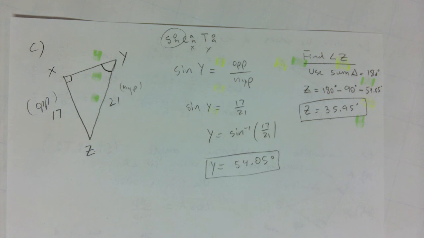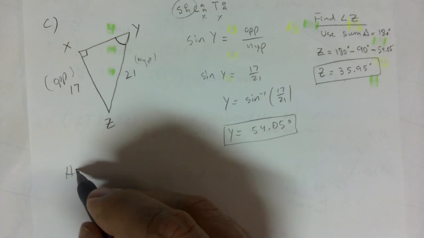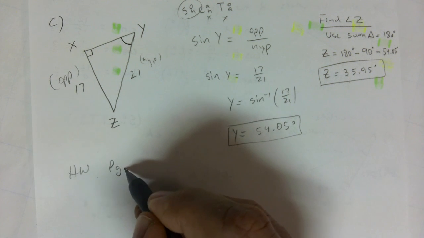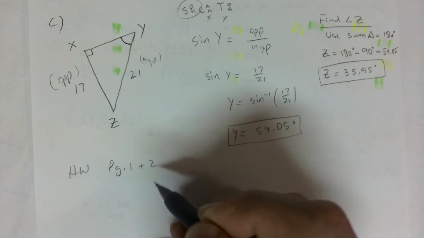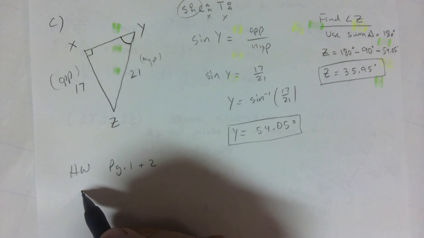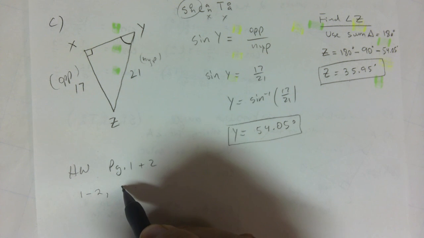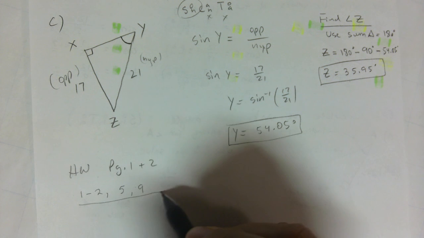I think I'm going to stop there. Just in your booklets, it says do not write in them. You can absolutely write in them. Don't worry about it. So homework, pages 1 and 2, but I will just give you a few questions. I don't want you to do all of them. So you're going to go 1 to 2, 5, and 9 for now, okay?